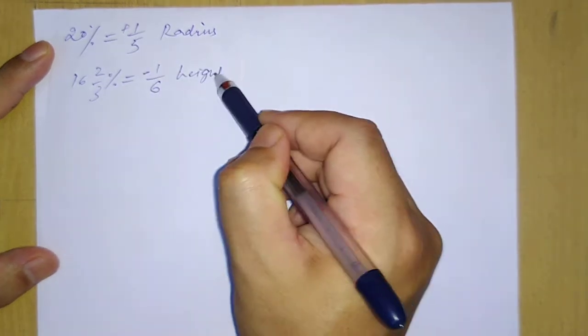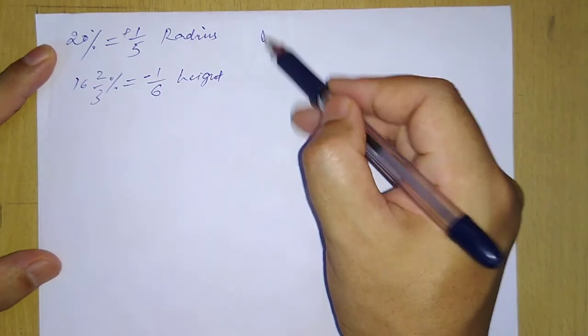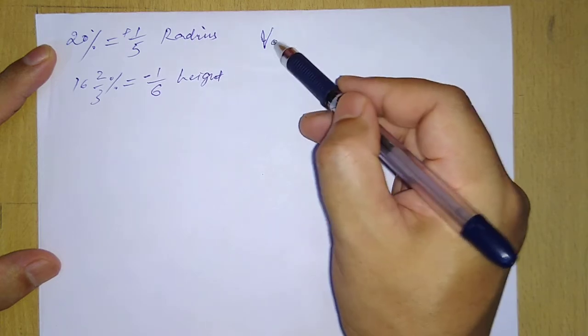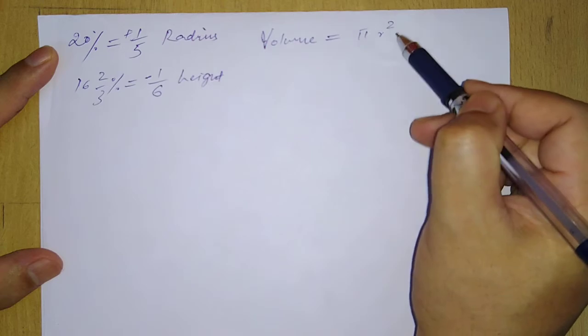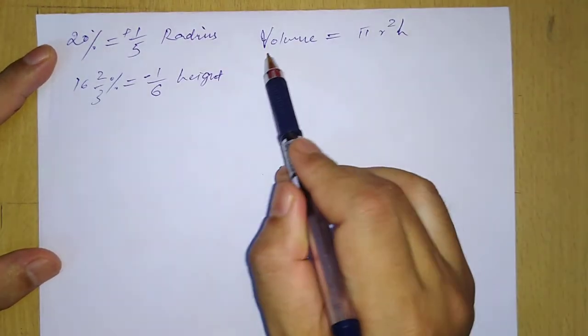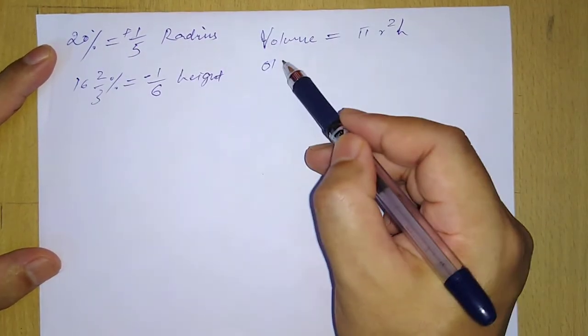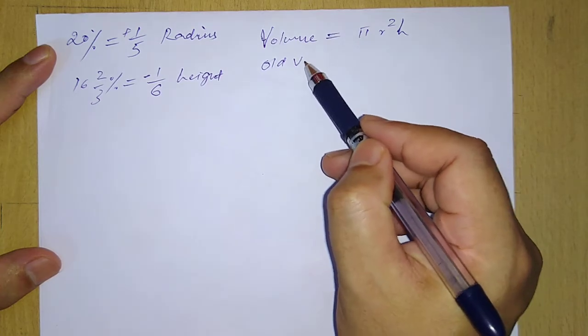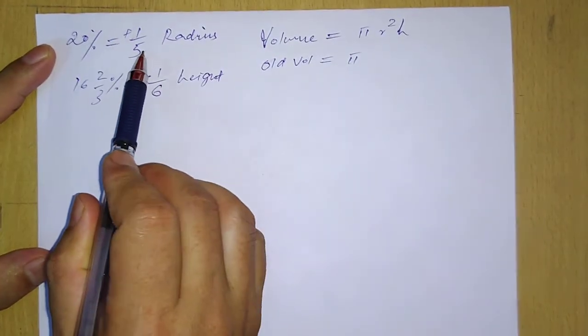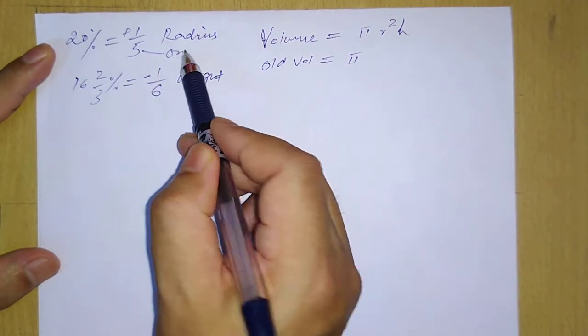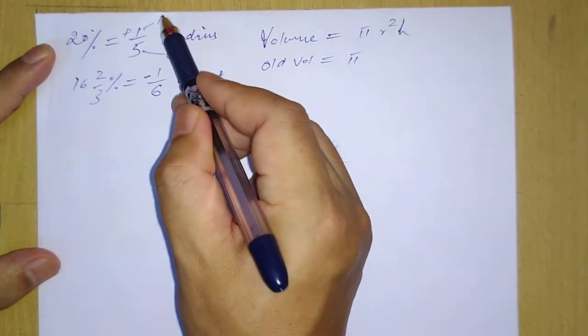The height is decreased. Now the volume of cylinder is pi r square h. This is the formula. So the old volume will be how much? The old volume will be pi r square. This is the original. 5 is original and this is the result.